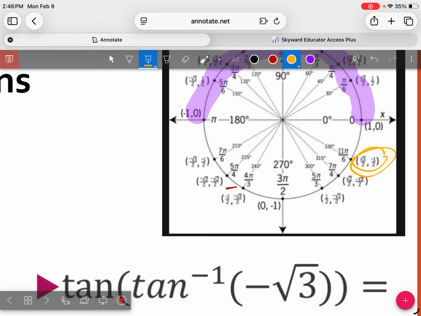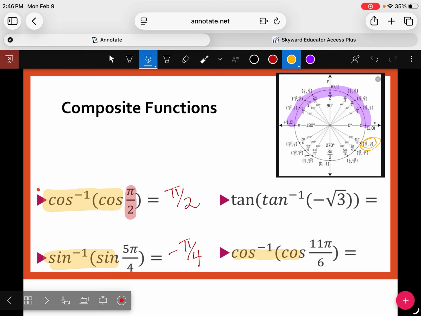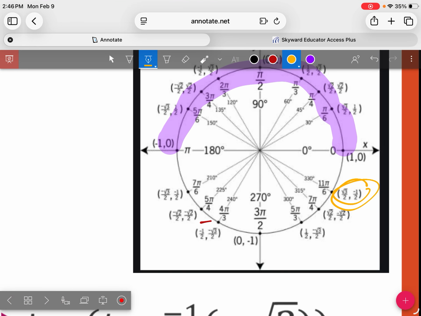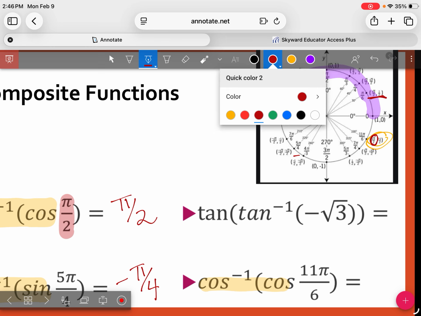So what angle has the same cosine as 11 pi over 6? The cosine of 11 pi over 6 is a positive root 3 over 2. So that means my answer would be positive pi over 6.